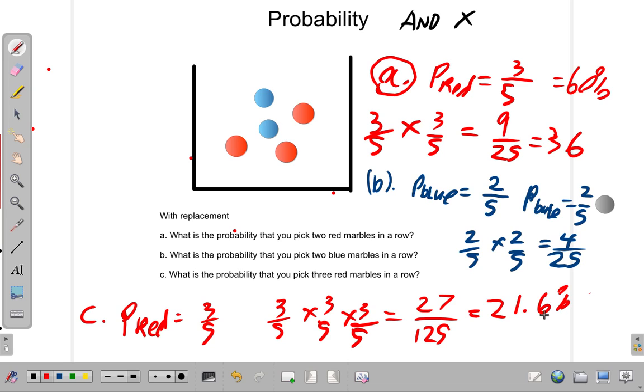In other words, as you keep picking, the chance of you getting the same color over and over declines. It has declined from 60 to 36 to 21.6%. All right. So when you talk about the probability of something happening and then it happening again, you multiply the probabilities.